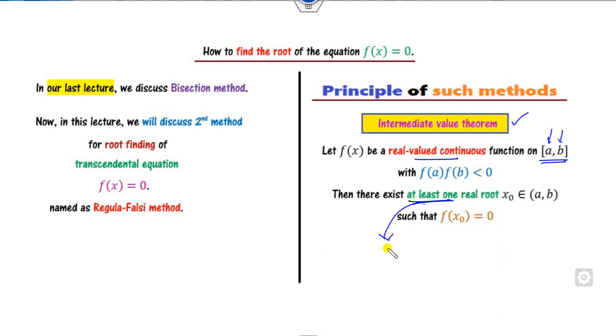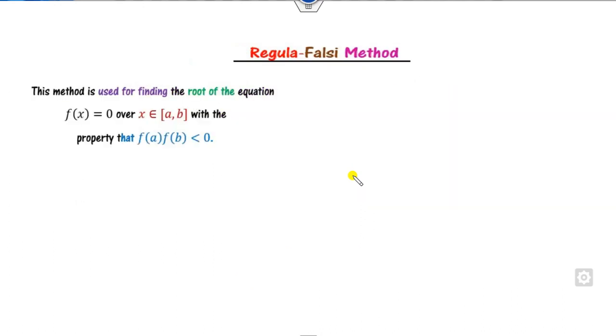Make sure this is at least one root, so the number of roots is always odd: 1, 3, 5, 7. It can never be 2, because 2 is an even number. Why it happens so, I explained earlier in my bisection method lecture. You can watch that lecture.